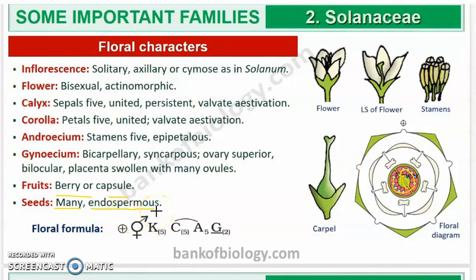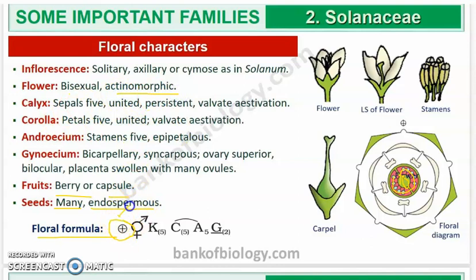Now coming to the molecular floral formula of this family Solanaceae. So let us derive the formula from these floral characters. So first one is about the symmetry, whether it is actinomorphic or zygomorphic. As it is a plus symbol, we see that these flowers have actinomorphic symmetry.